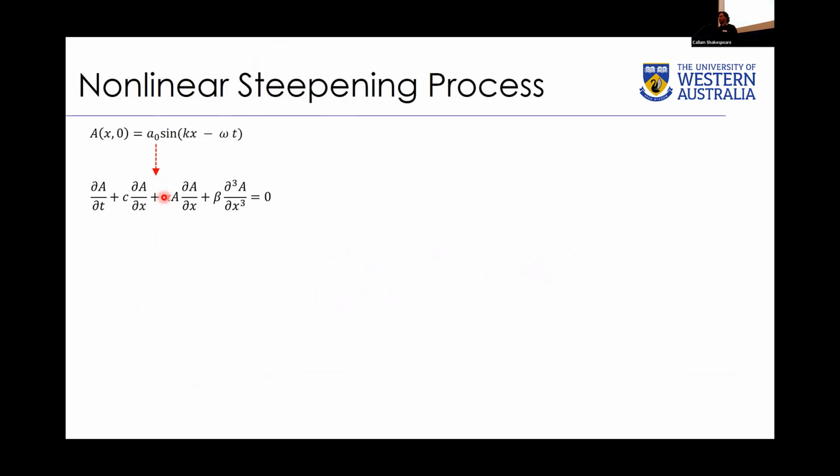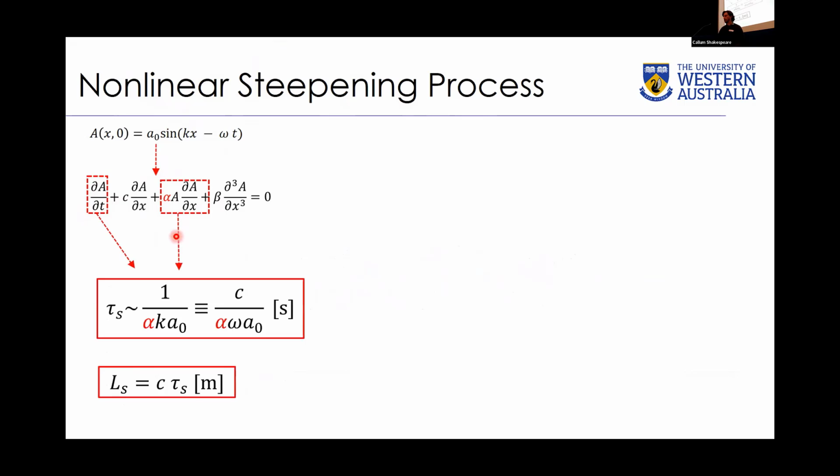rate. So if you plug a sinusoid into this and you assume that the time rate of change of this amplitude is in balance with this nonlinear steepening rate, you can come up with an expression for a steepening length scale or a growth length scale.